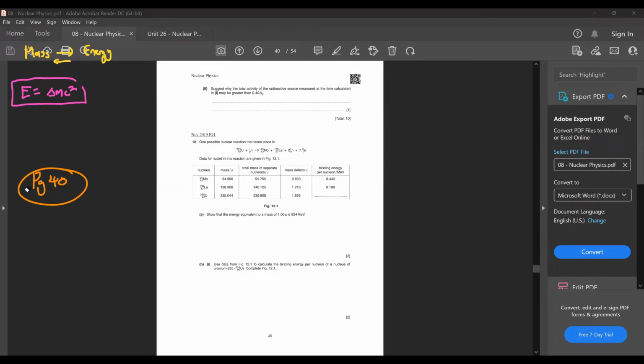And then I mentioned to you that when you want to use this particular equation, it can be used in different contexts, specifically two different contexts.